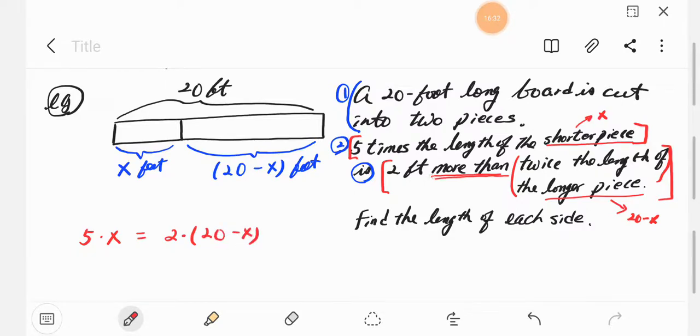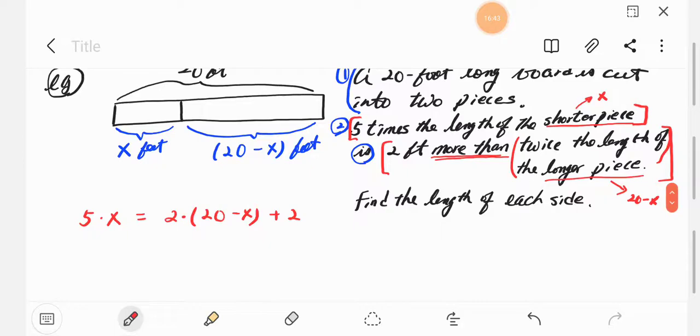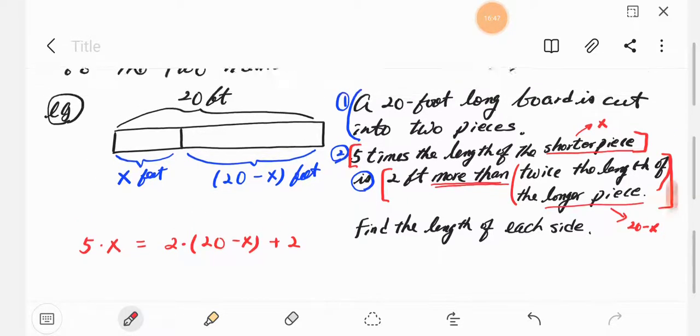And then 2 feet more than, so plus 2, right? So this is the equation. From this equation, find the length of each piece. We need to find the length of the shorter piece, which is x, then we can find the length of the larger piece, which is 20 minus x.